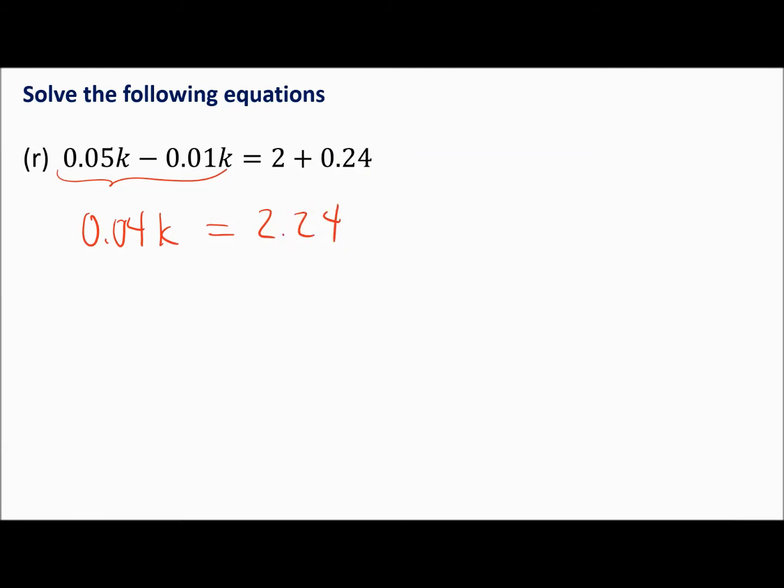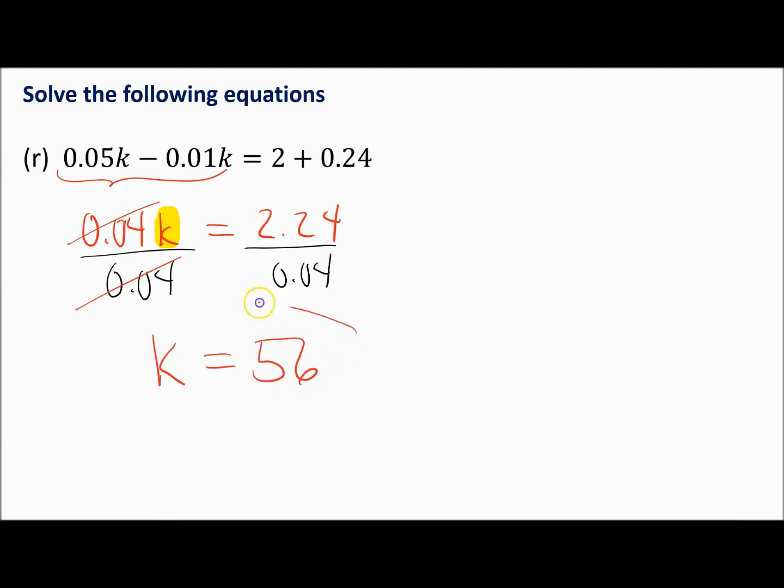Now I'm trying to isolate this K. I want it all by itself. Well, what's happening to it right now is it's being multiplied by 0.04. To get rid of that, I'm going to divide by 0.04 on both sides of the equation. Those cancel. That gives me K is equal to 2.24 divided by 0.04, which is 56, actually.